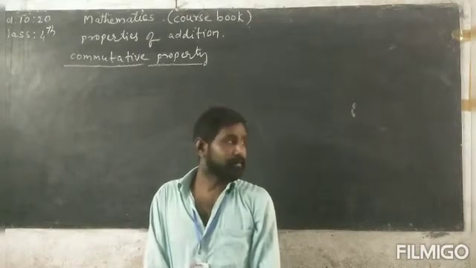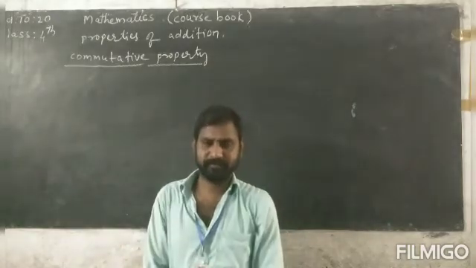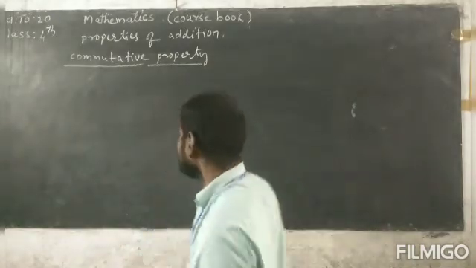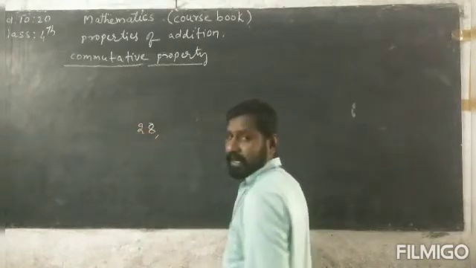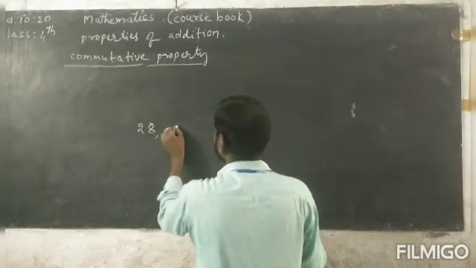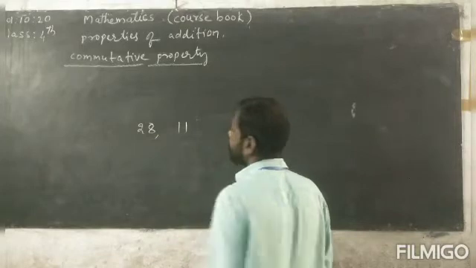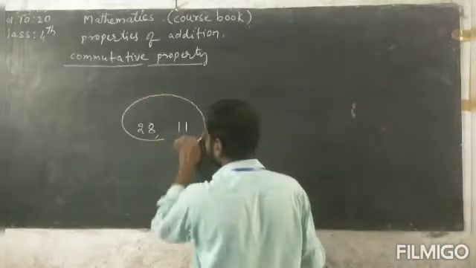See here, commutative property means if you take any 2 numbers, so for example I am taking one is 28 and another one is 11, beta. So these are the 2 numbers.